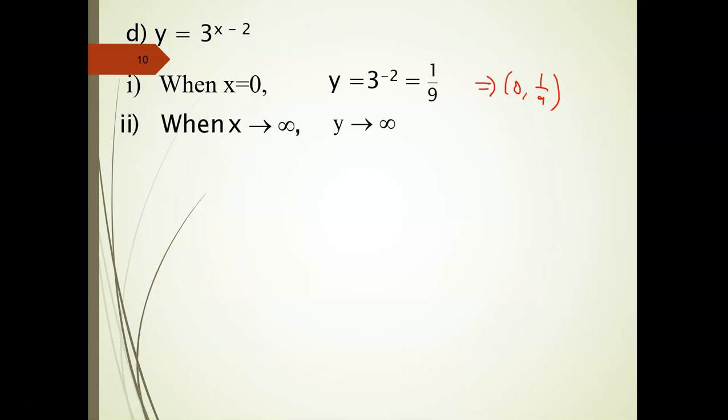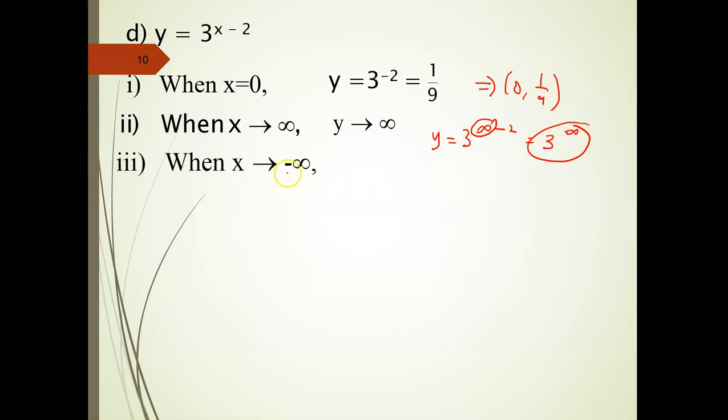Because infinity is a very big number, if we substitute, y equals 3 to a big number minus a small number 2, you will still have a big number. That's the concept.